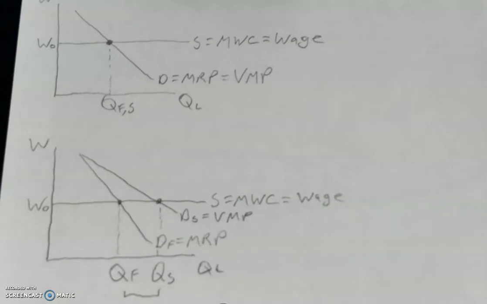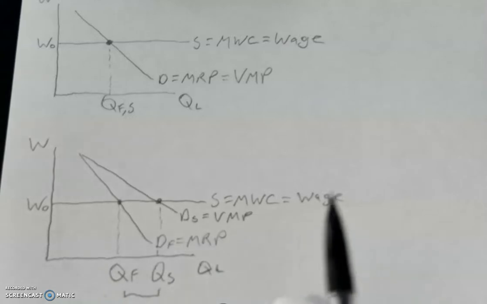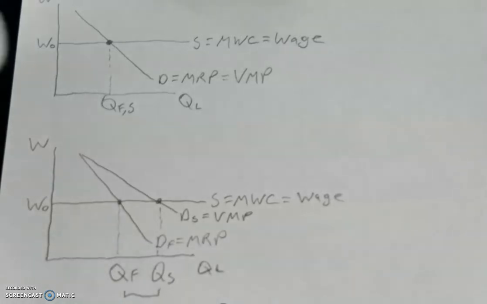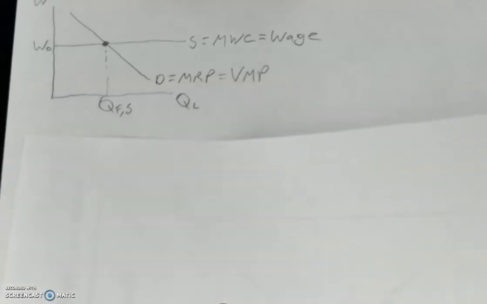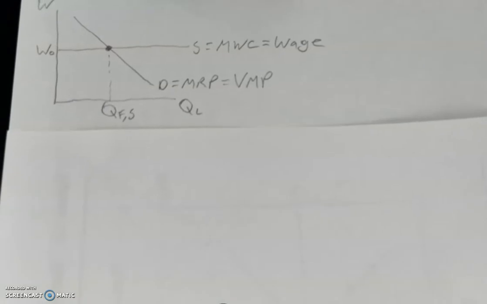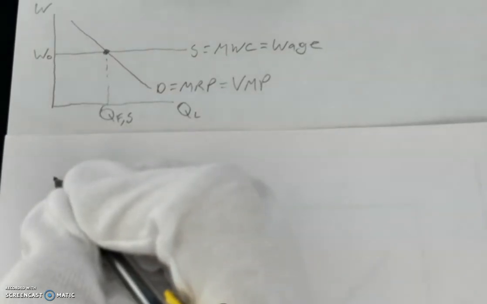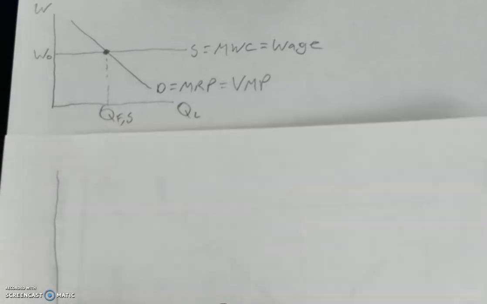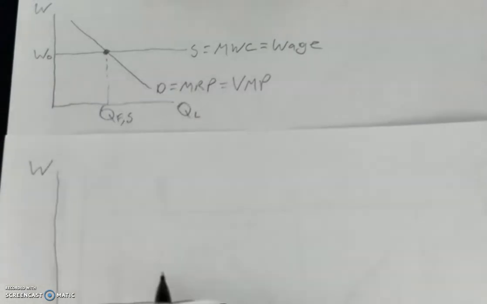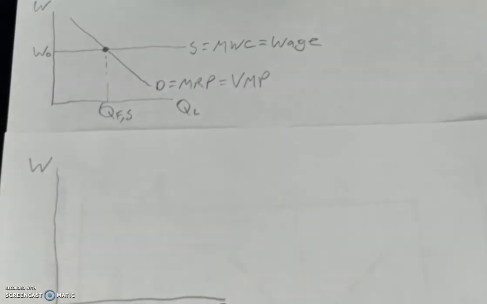Okay, now let's consider the opposite of this. And to do this, I'm going to go ahead and keep my perfect competition model up here and rebuild below it, because again, this is a good benchmark for our studies. What I'm going to do here is again draw my axes, quantity of labor, wages.